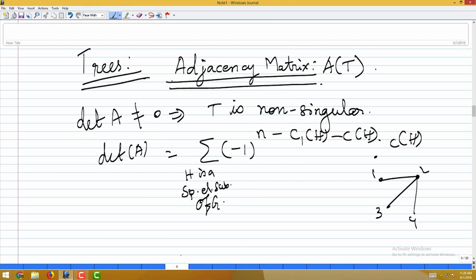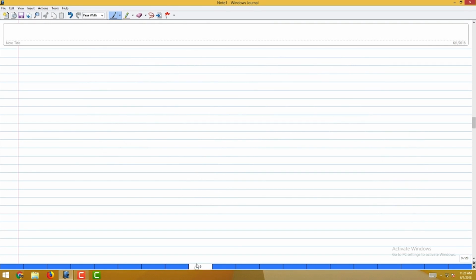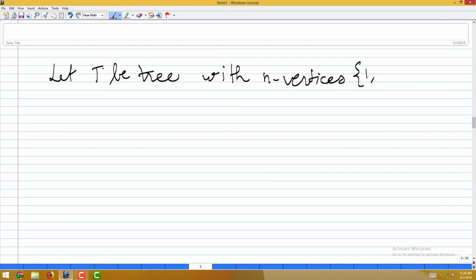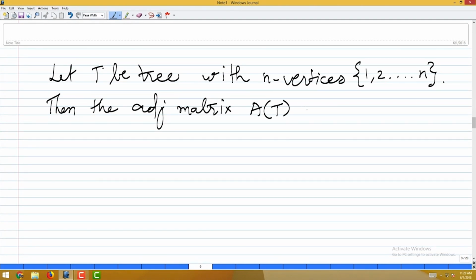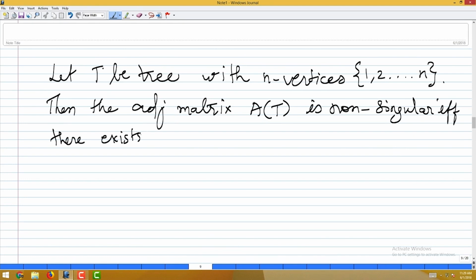So, this is the next result. Let T be a tree with n vertices, labeled 1 to n. Then the adjacency matrix of the tree, A(T), is non-singular if and only if there exists a perfect matching.